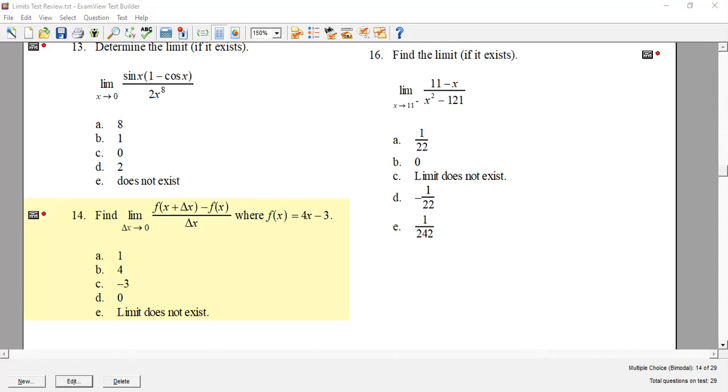Because what happens on the top? Your 4x's cancel out. You're left with 4 delta x over delta x. What happens? You're left with 4. That's your answer. That's it.